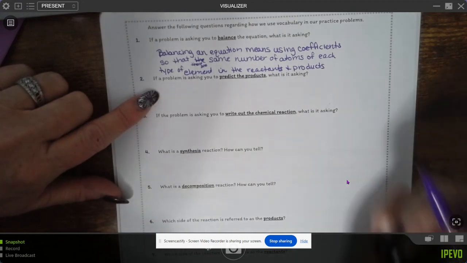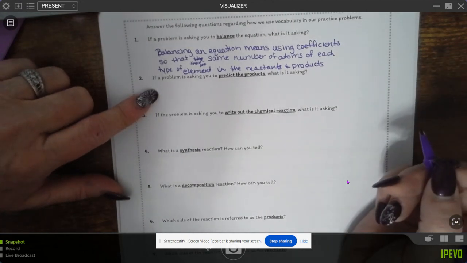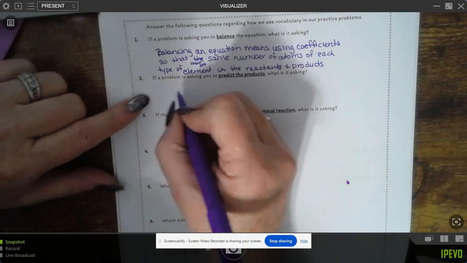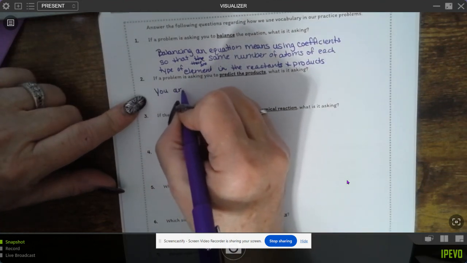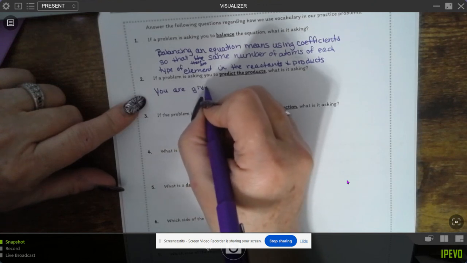If a problem was asking you to predict the products, what that means is you are going to be given the reactants.